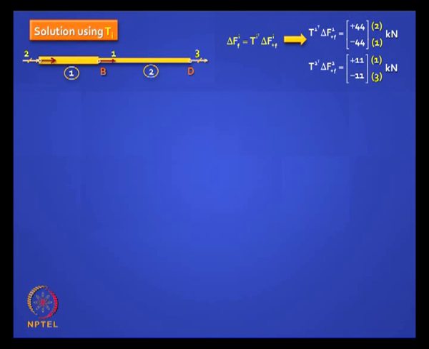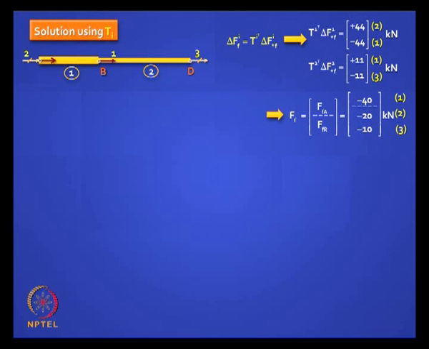Remember, the first element is linked with 2 and 1, the second element is linked with 1 and 3. So I think that this should be 1 and 3, right? And when you add it all together, you get 1, 2 and 3, is it clear? You can also do it intuitively, you will get the correct answer.